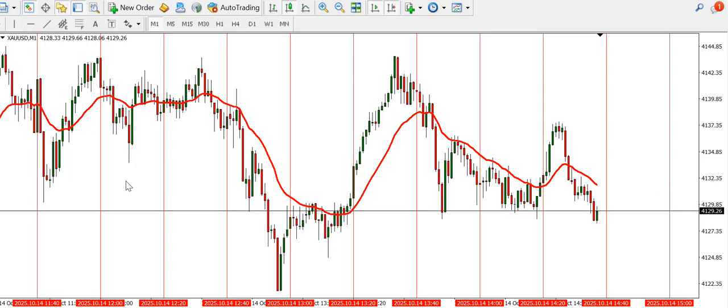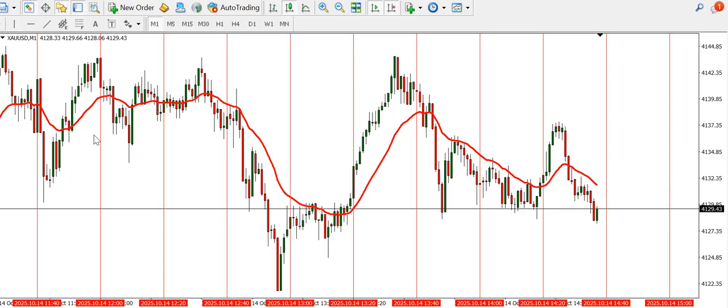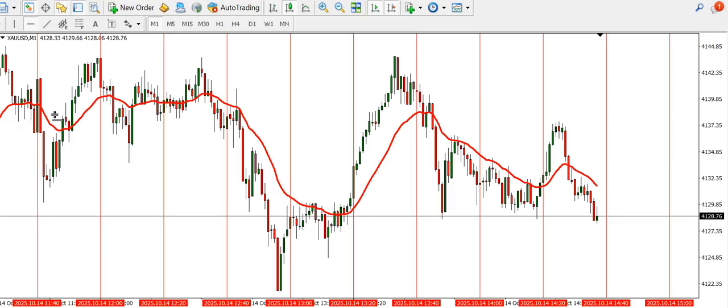With that done, the next step is to mark up where the support and resistance is.